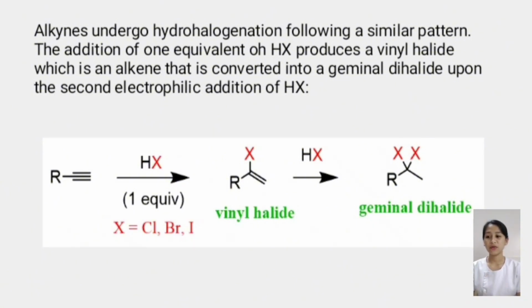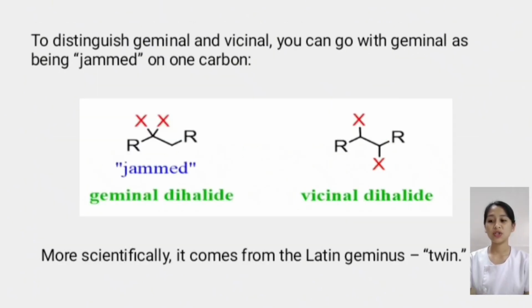The addition of one equivalent of HX produces a vinyl halide, which is an alkene that is converted into a geminal dihalide upon the second electrophilic addition of HX. To distinguish geminal and vicinal, you can think of geminal as being "gem" on the one carbon. More scientifically, it comes from the Latin geminus, twin.